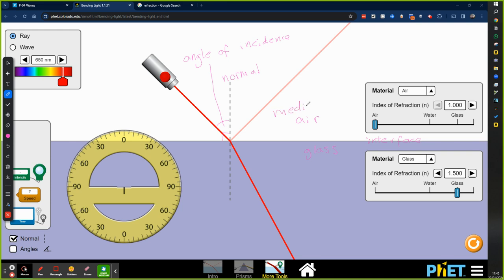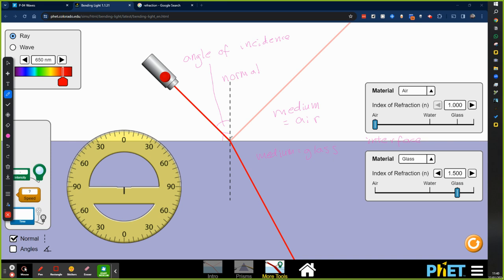Another confusing word, because once again, this word medium is a noun. We're saying the medium is air. We're not saying it is medium as opposed to large or small. And the medium here is glass. So the interface is the line between the two mediums.